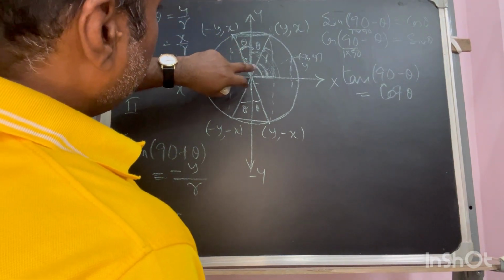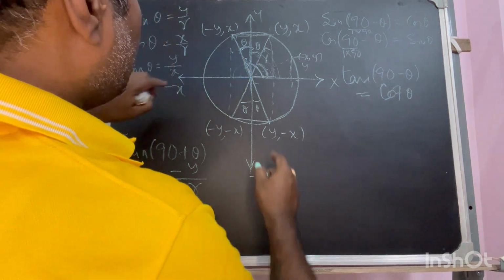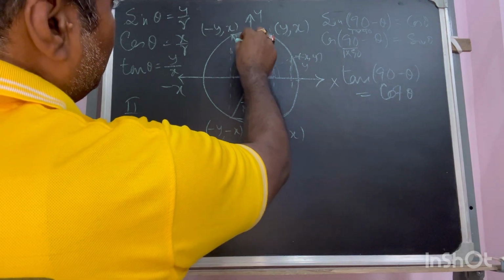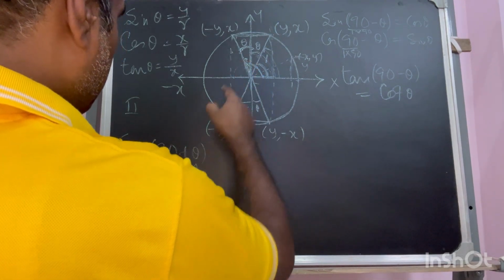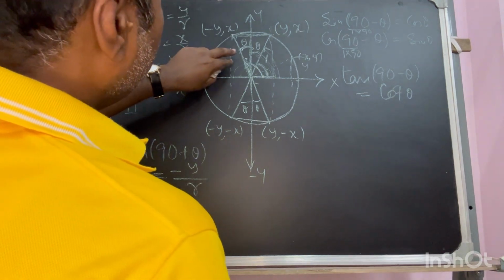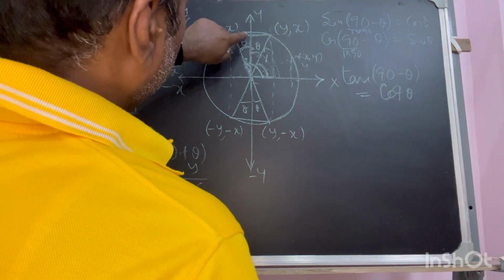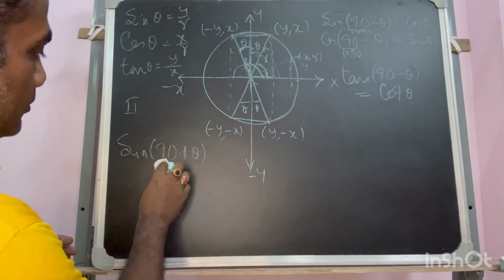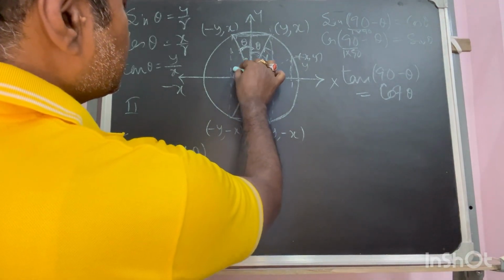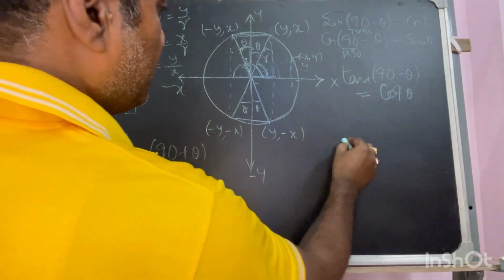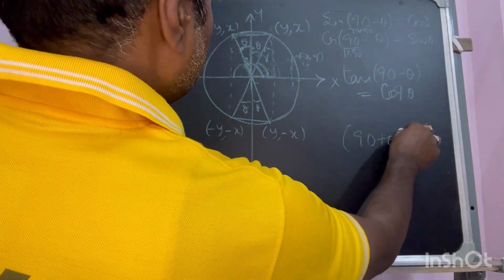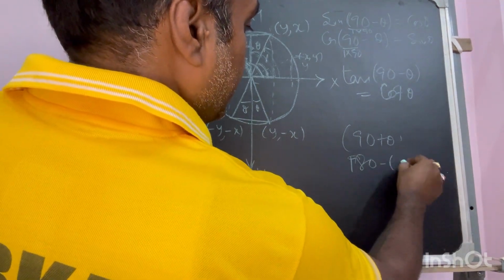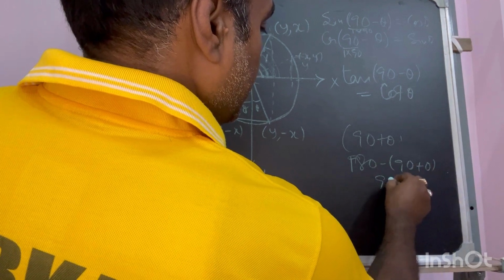This will be sine 90 plus theta. Sine 90 plus theta is equal to this angle, but I have to take the angle with the x axis. I have to take the angle with this axis. If it is sine 90 plus theta, so this angle will be 180 minus 90 plus theta, that means is equal to 90 minus theta.